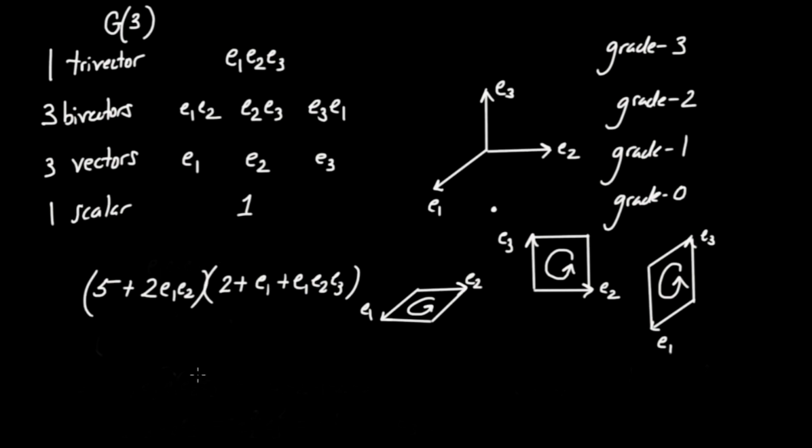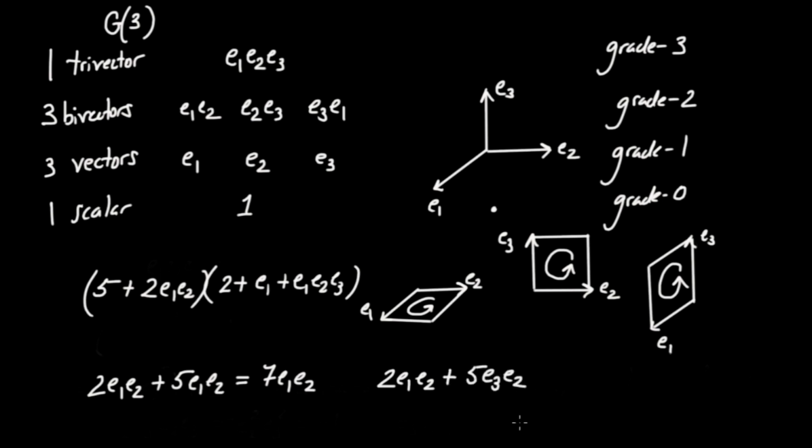Addition is as you would expect. You can combine stuff when you can. For example, if you had something like 2 E1, E2, and you wanted to add that to, let's say, 5 E1, E2, of course we can combine them in this case. You won't always be able to combine things. For example, if you had 2 E1, E2, and you had, let's say, plus 5 E3, E2.